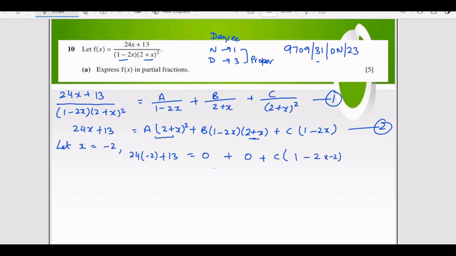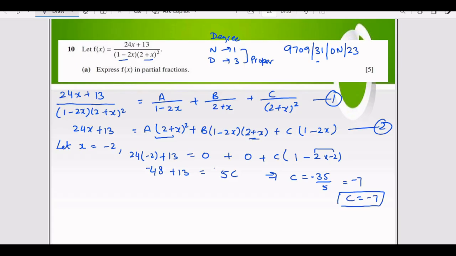So this is negative 48 plus 13, which is 4 minus 1, this is 5, this is positive 4, this will become 4 and plus 1, 5c. So this gives us c equals 35 over 5, and that is negative 7. So c is negative 7, right?